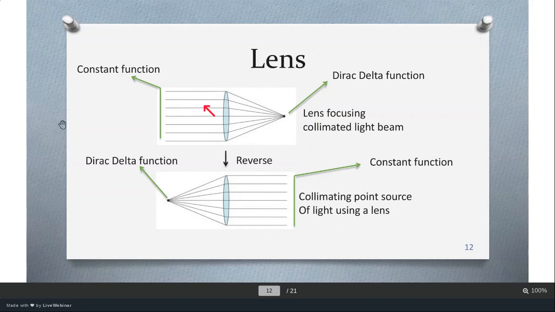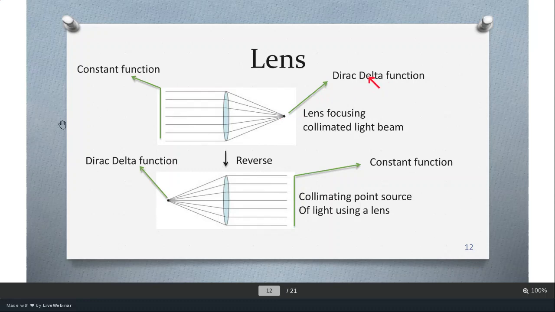This looks like a constant function, and when they fall onto the lens, they get focused onto one point. At this one point the light exists, and at other points in this zone the light does not exist. So this corresponds to a Dirac delta function, which is there in quantum mechanics, which we are learning in quantum.